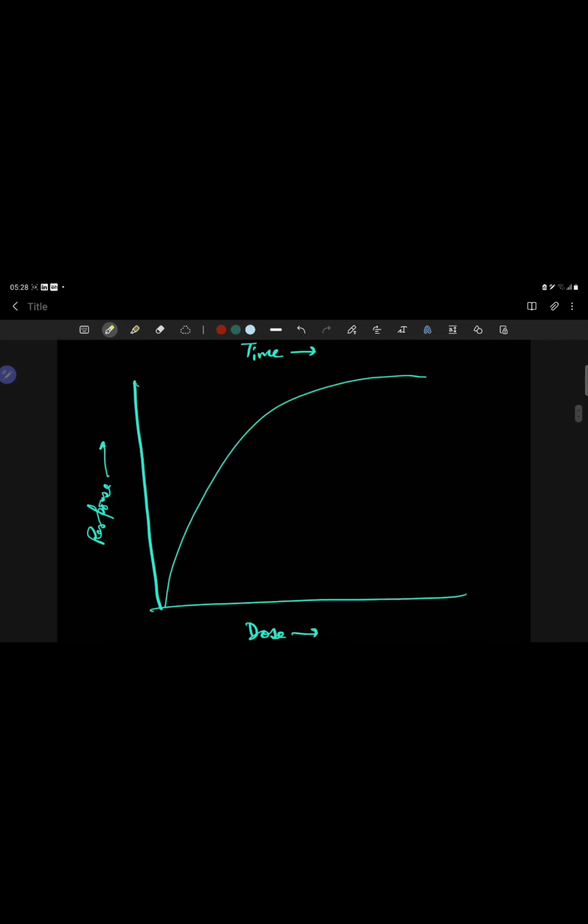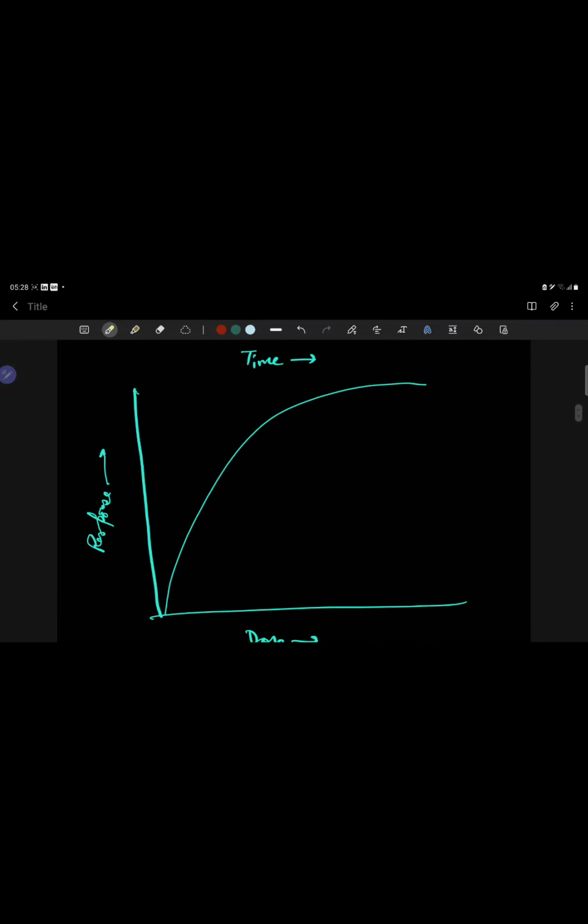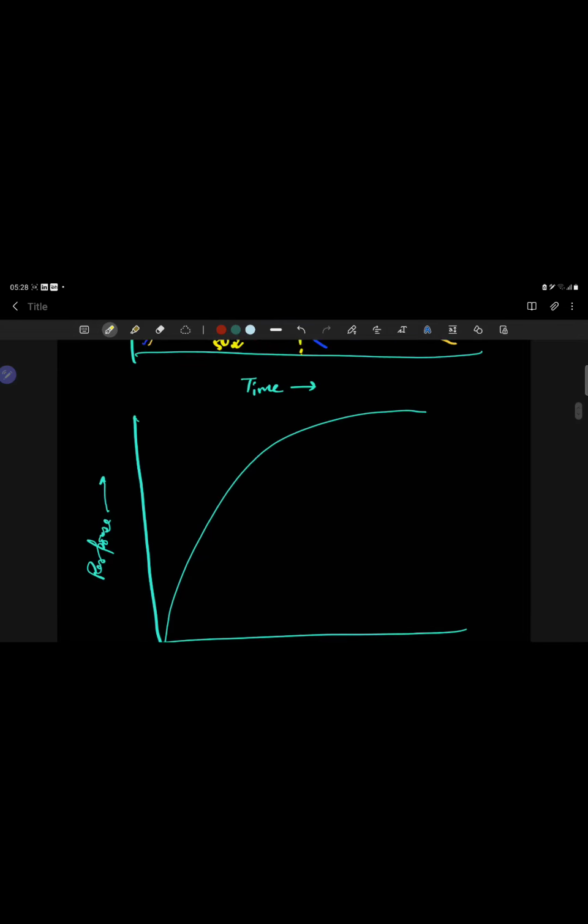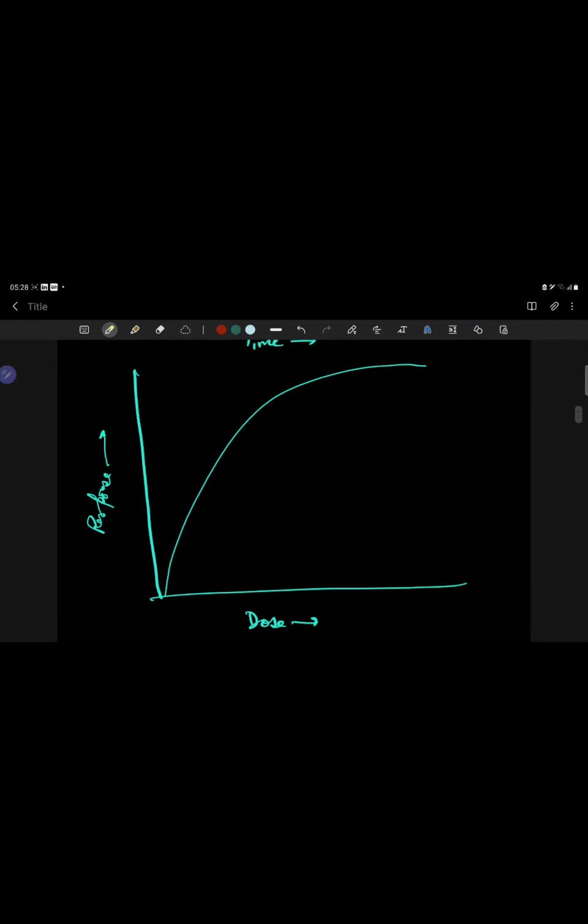Now this is the dose response curve. You can see it has a typical graph, right?